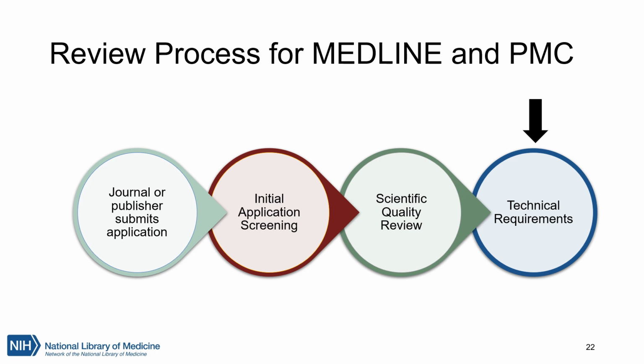Medline also has archiving requirements for electronic journals. These journals must be archived in an acceptable repository to ensure long-term preservation and access to the content. At present, the acceptable repositories are CLOCKSS, Portico, and PMC.